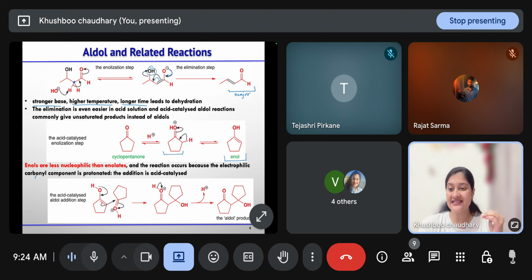Although enols are less reactive, or less nucleophilic, than enolates, because this ketone is already protonated in the acidic condition, this enol can easily react with the more electrophilic carbonyl compound that is formed because of the protonation by the acid, and then you will get this beta hydroxy ketone, your aldol product.